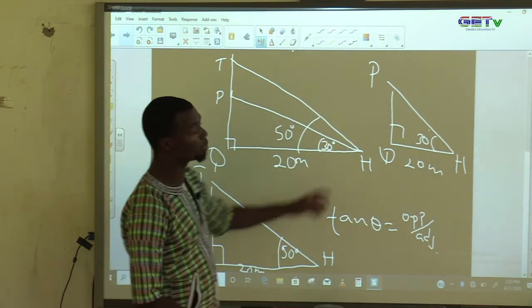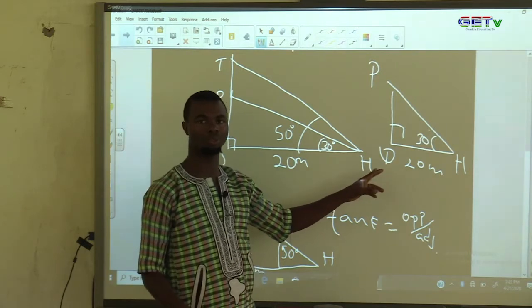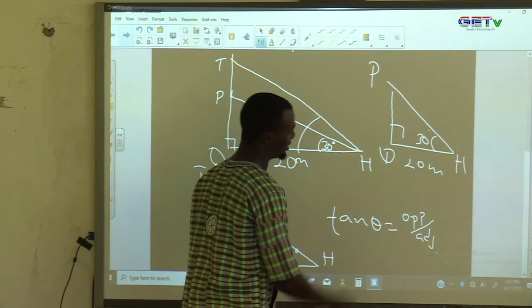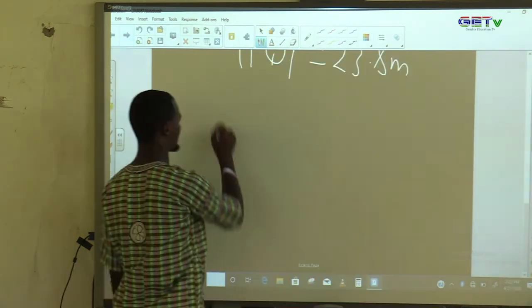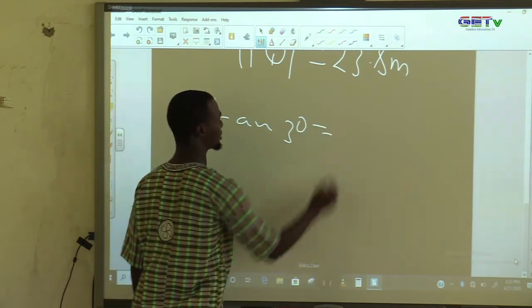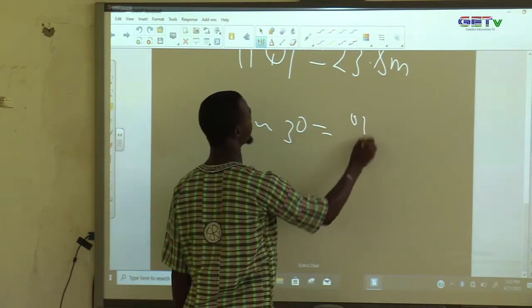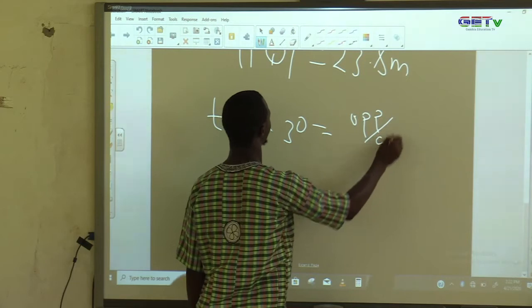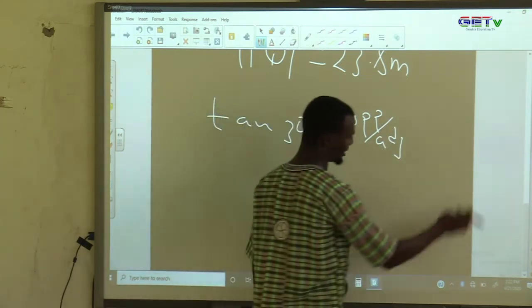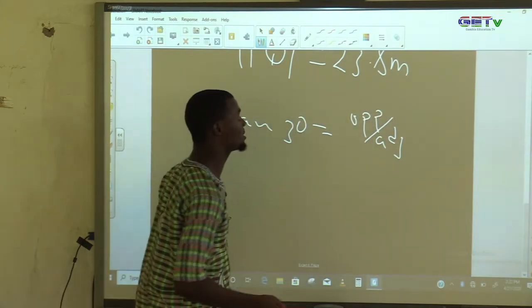So we use the same format. We use the tan to find the distance PQ. So what is going to be tan there? We have tan 30 is equal to opposite over adjacent. So our opposite, if you get the triangle there, is PQ.